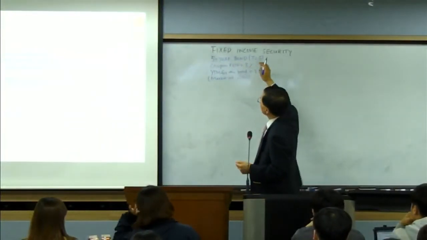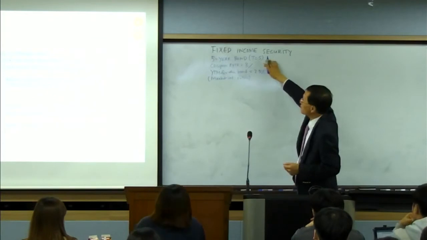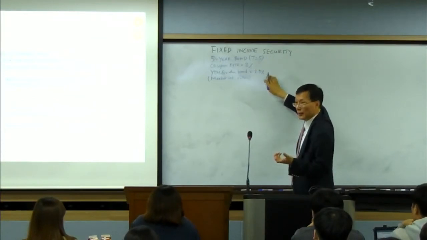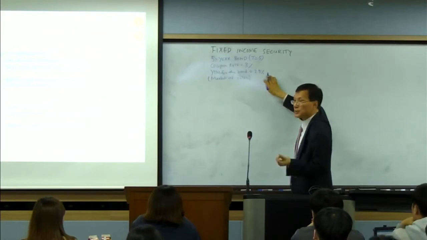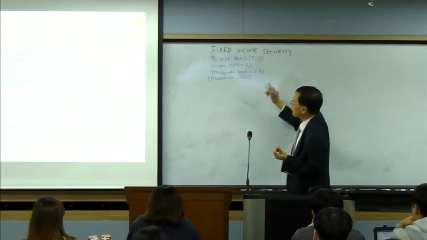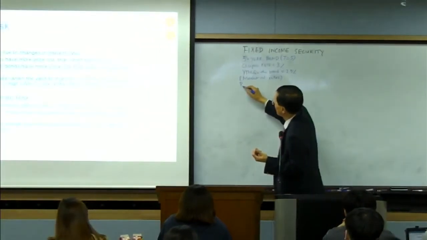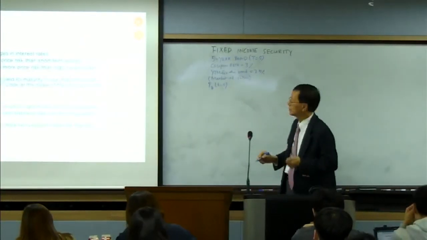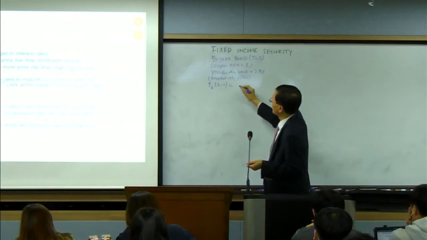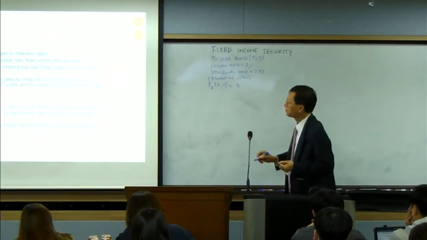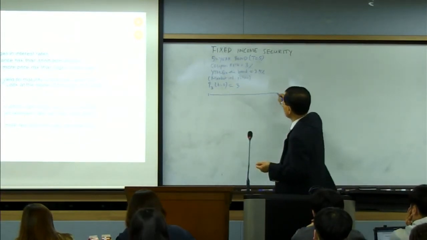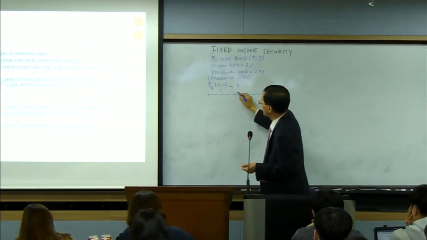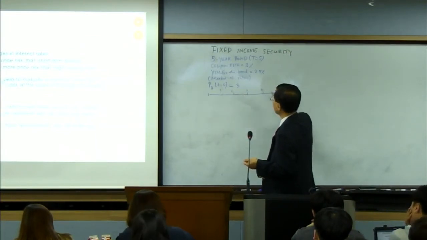And if we know time to maturity, coupon rate, yield to maturity, we can compute the present value. That's the price. Price of this bond as of time 0 now is equal to $3 coupon because it's 5 years to go. 1, 2, 3, 4, 5.